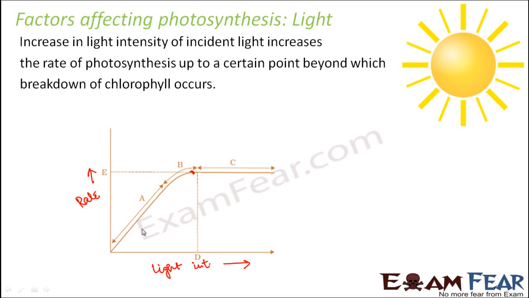So there is a linear relationship between the rate of photosynthesis and light intensity only at lower values of intensities. But the saturation occurs only at 10% of full sunlight. So this saturation point is reached when the sunlight intensity is only 10% of full sunlight. You can imagine how little light is required for the process of photosynthesis to take place.